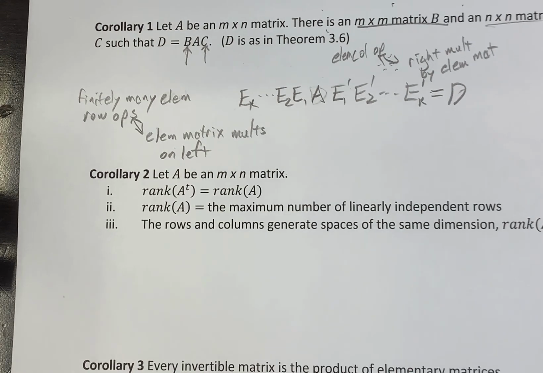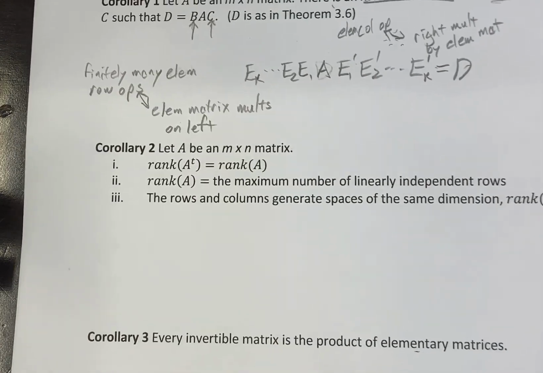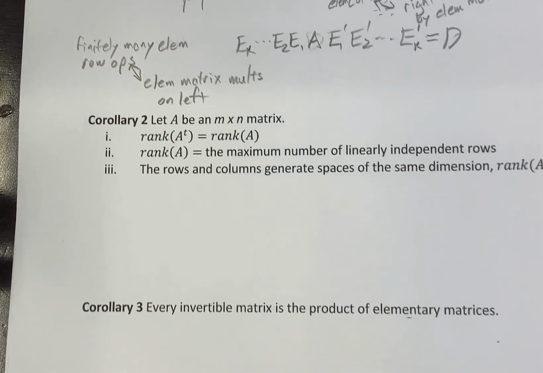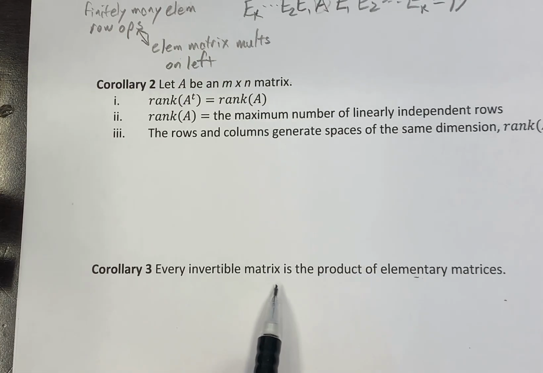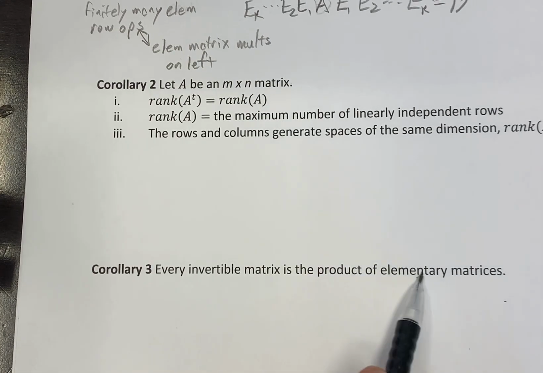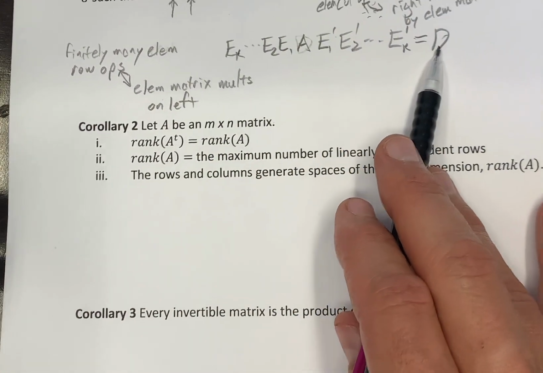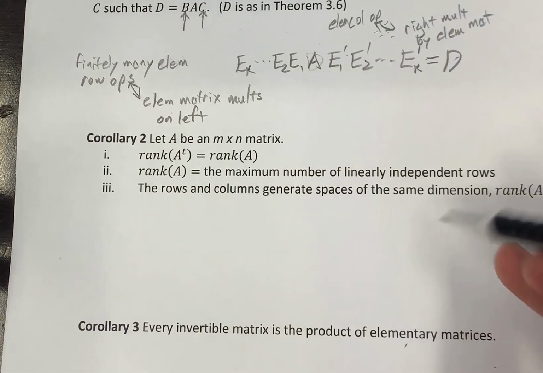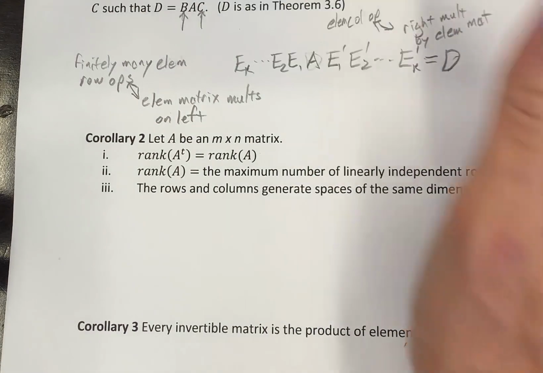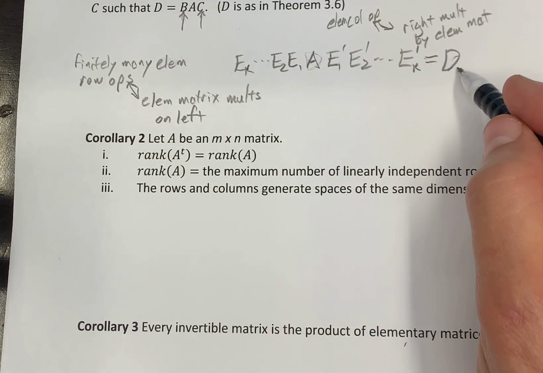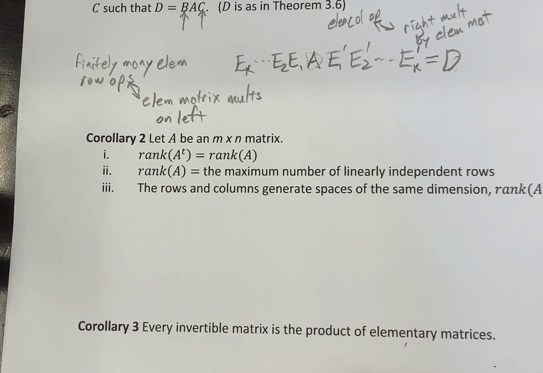Now, I think I'm going to skip to what the book calls corollary 3. Notice that every invertible matrix is the product of elementary matrices. So if you have something like that, and D, if it's an invertible matrix, what's its rank? Its rank is n, which is equal to m. So D is actually the identity matrix, right?